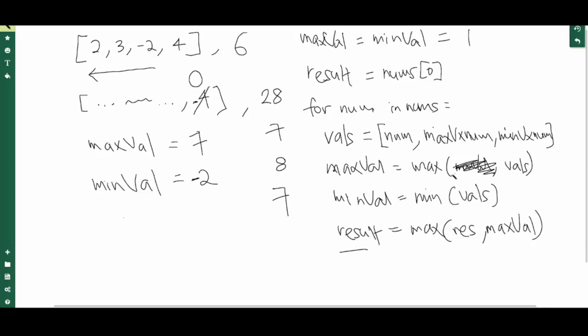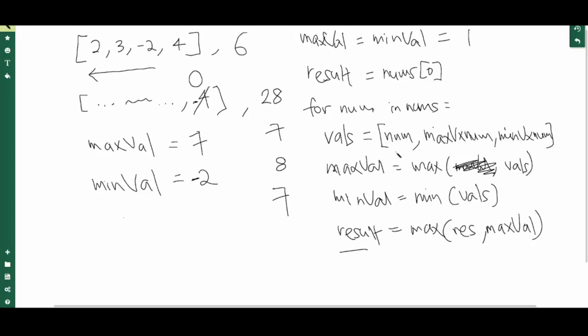So let me reiterate what this is doing real quick. Essentially, we're trying to keep track of all the possible values at each iteration. We're trying to find maximum value times num. That would give us the maximum value if the maximum value so far is positive and the number is positive. If minimum value is negative and num is negative, then that would get updated as the value of our max val here.